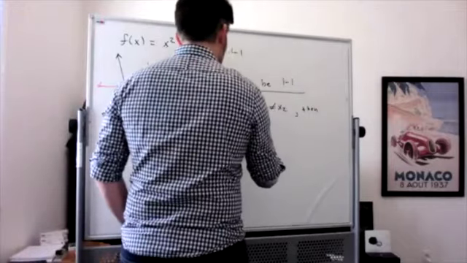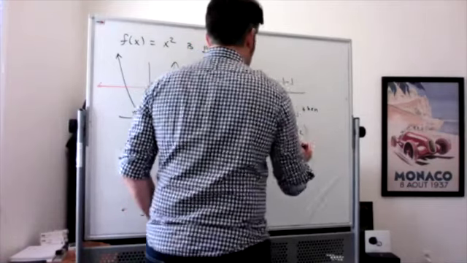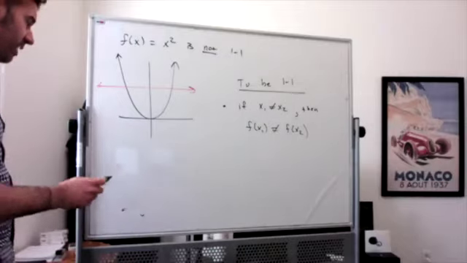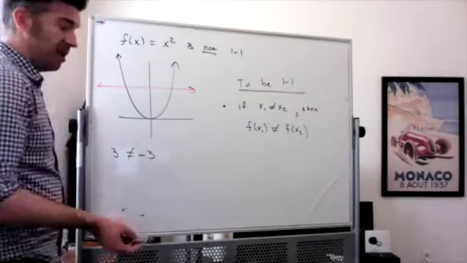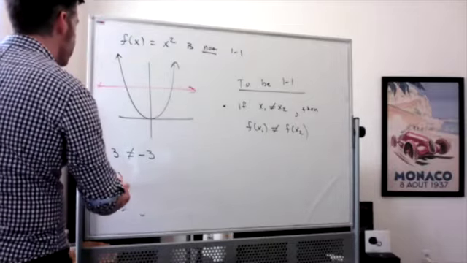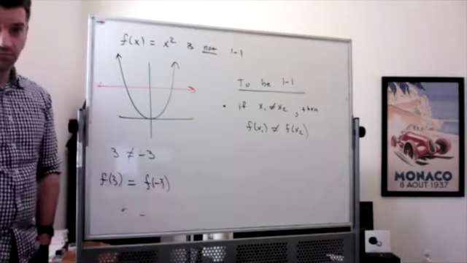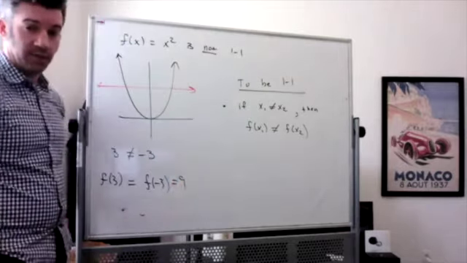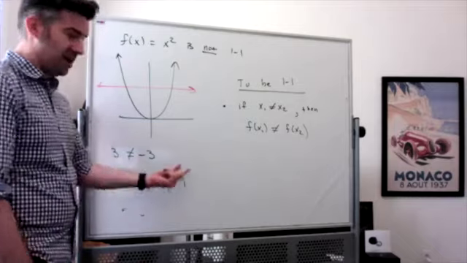Then f of x1 should be different from f of x2. Well, that's not true here, right? I can find 2 different x values, 3 and -3, different values for sure, but f of 3 is equal to f of -3, which is 9. 3 squared is 9. So here you can see, oh yeah, different x values still give me the same y value.